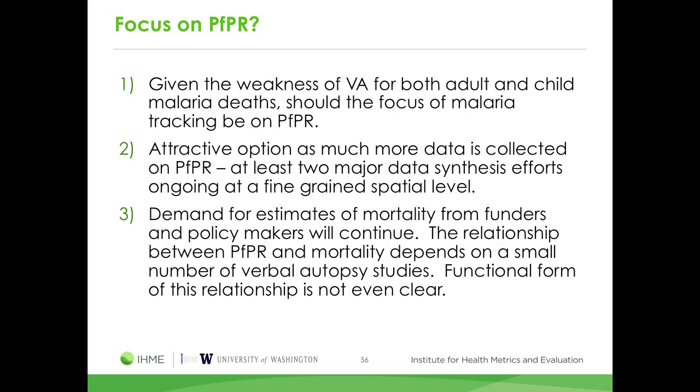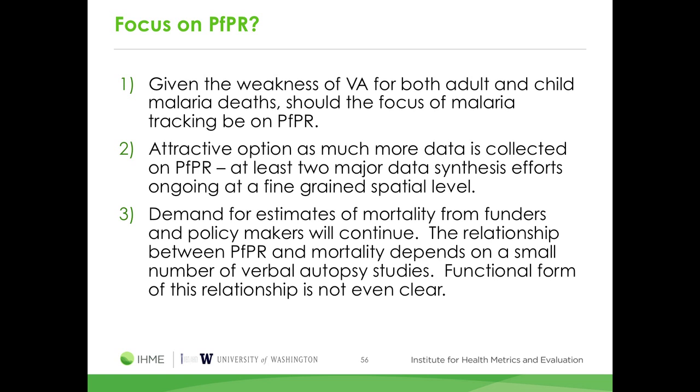What about PFPR? What about the argument that says the world's collecting lots and lots of data on PFPR? We have two very distinguished groups in the world trying to synthesize the data on PFPR. And why don't we just skip the business of estimating mortality and morbidity from malaria and just track PFPR? And that might be the right programmatic strategy.